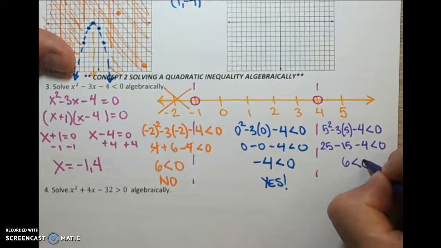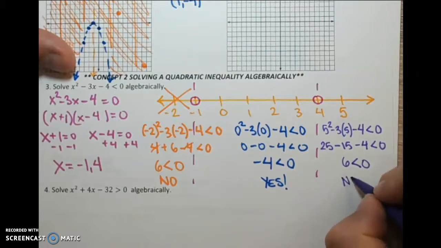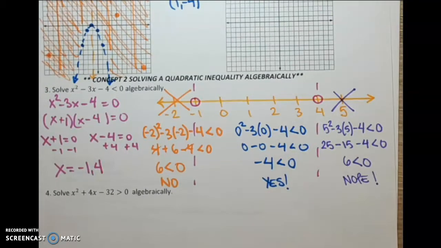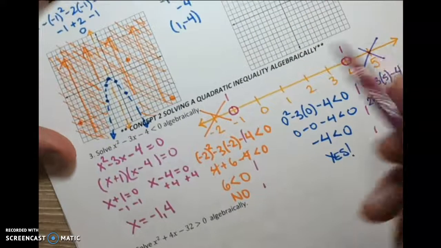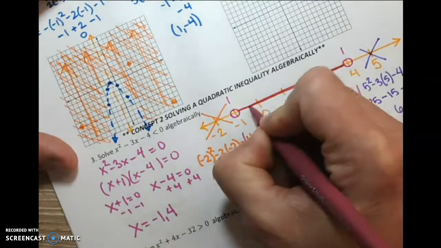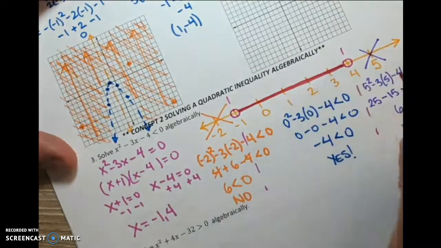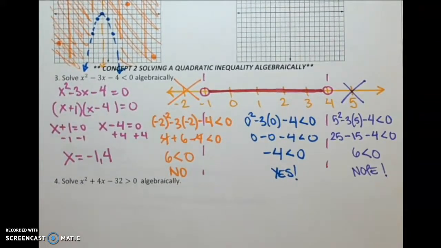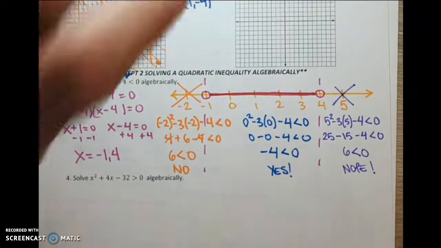Is 6 less than 0? Nope, it definitely is not, so that will not work. Therefore, the only part of the solution that works is in between negative 1 and 4.